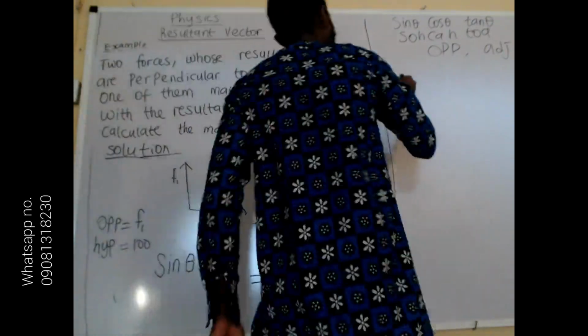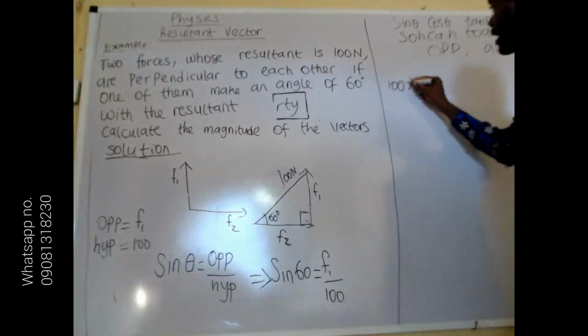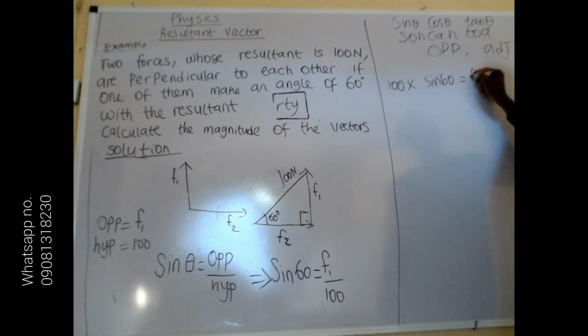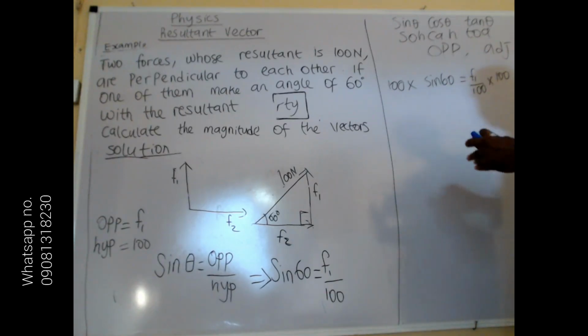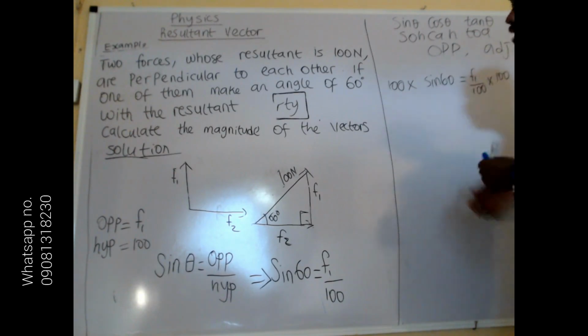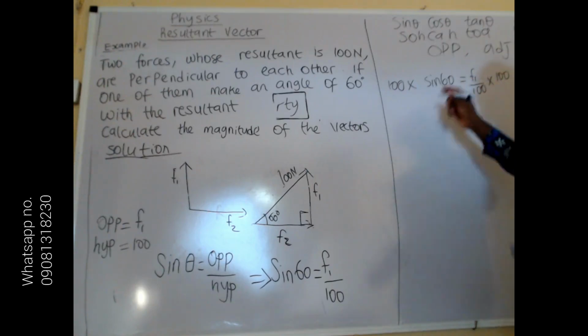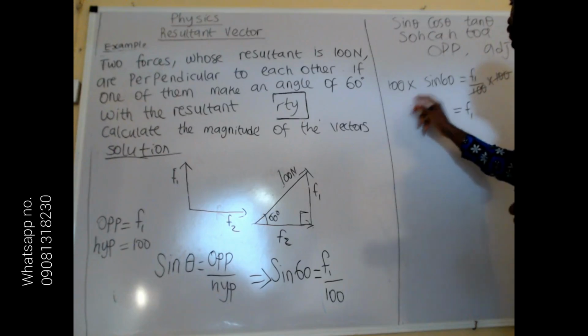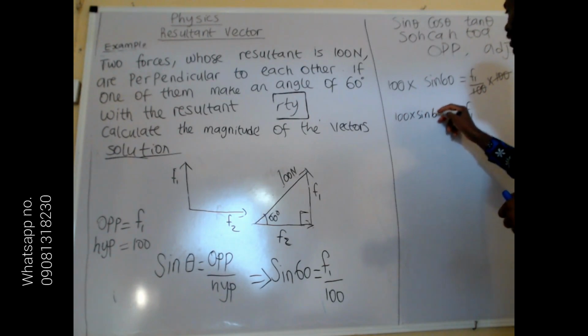So it will now be 100 times sine 60 equals F1 times 100 over 100. This 100 cancels out, and you are left with F1. So F1 is 100 times sine 60.